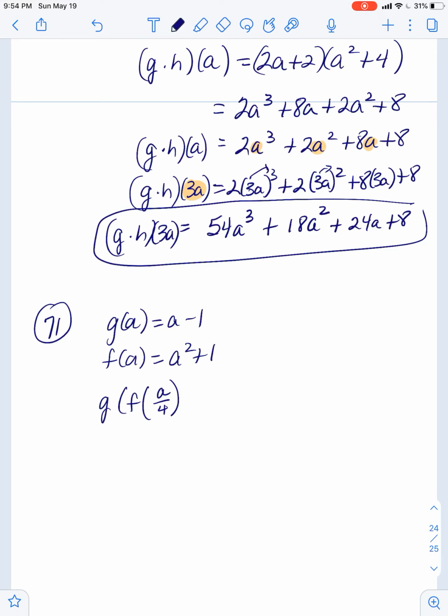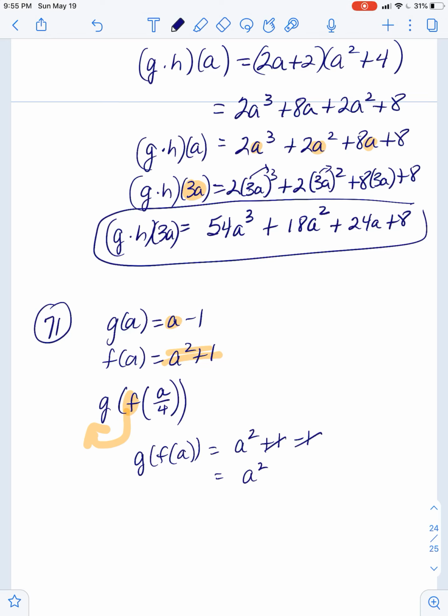Okay? So this is saying to take f and put it into g. So I'm going to take f and I'm going to put it right here. So I'm going to do this one first, just the substitution. So that's going to give me a squared plus 1 minus 1, which is a squared, because those cancel.